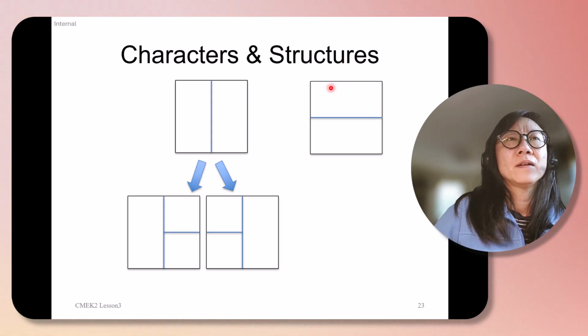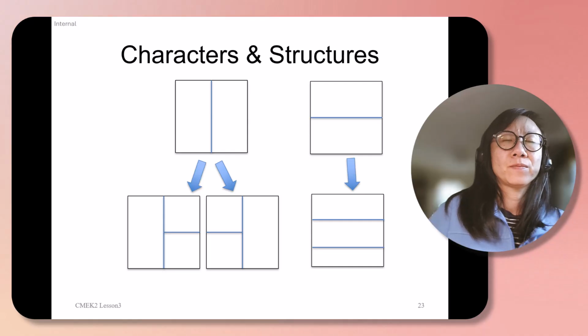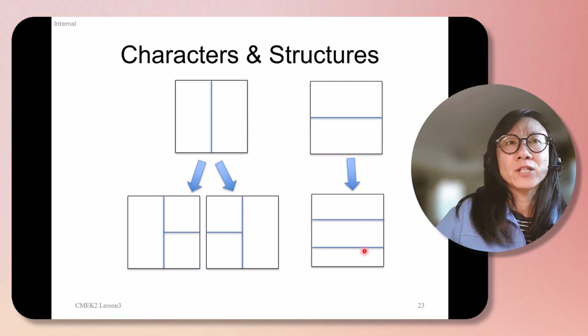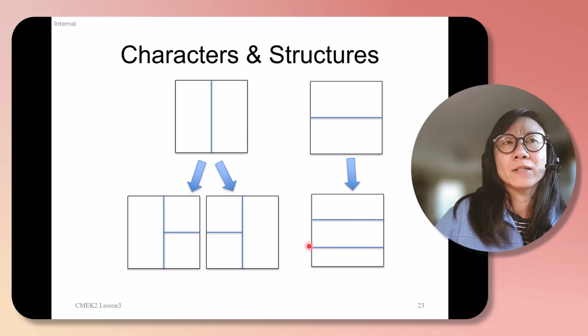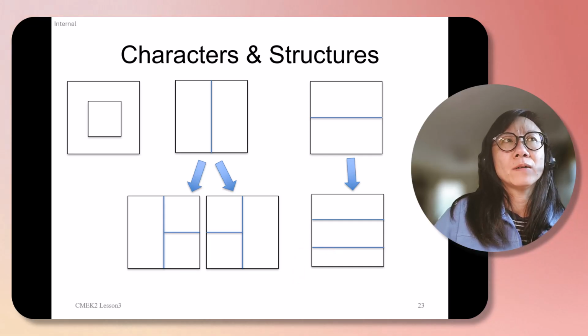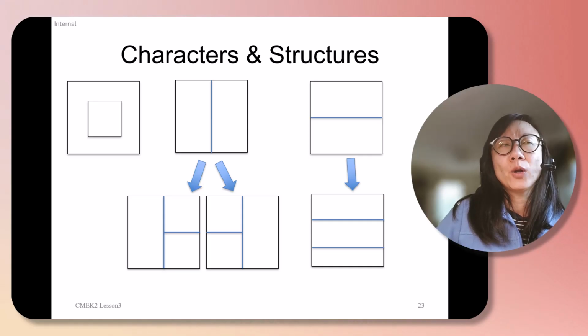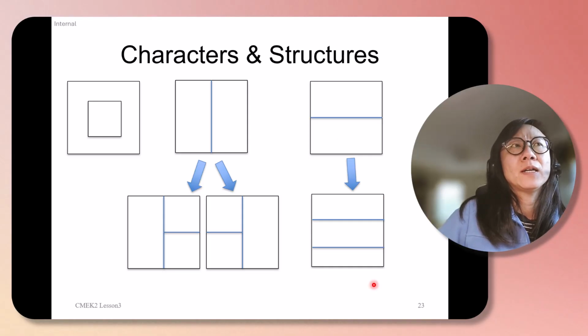And then, with the structure of top and bottom, we can have the variation that we have already talked about in lesson 9. And with the half enclosure, or maybe complete enclosure structure, today we will have a look at this one.